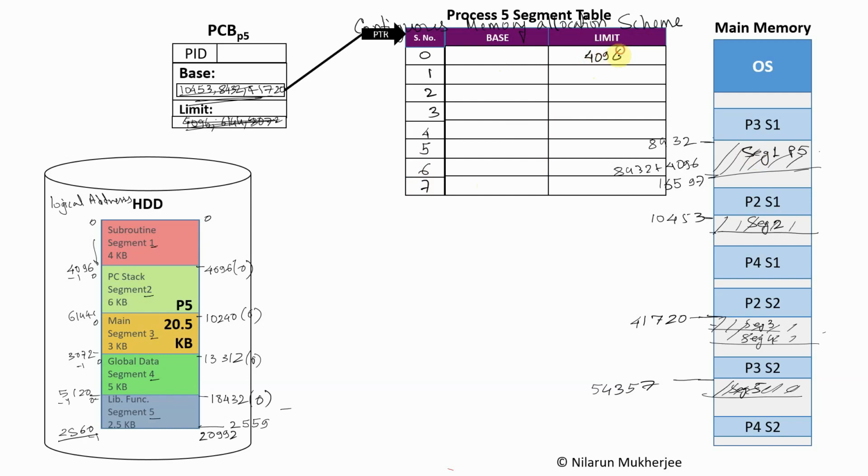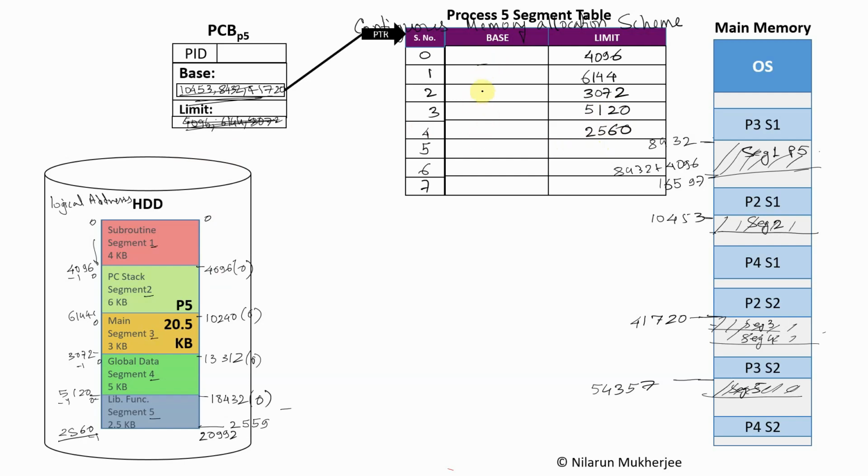So I have 4096 here, this is 6144, and this will be 3072, and 6144, then 5120 and 2560.